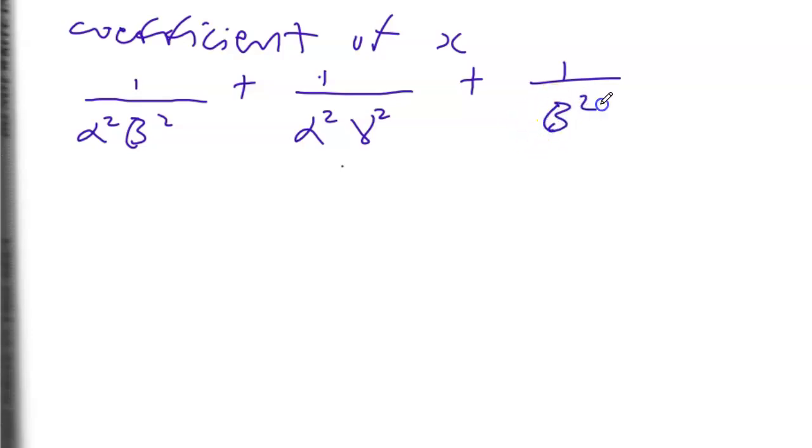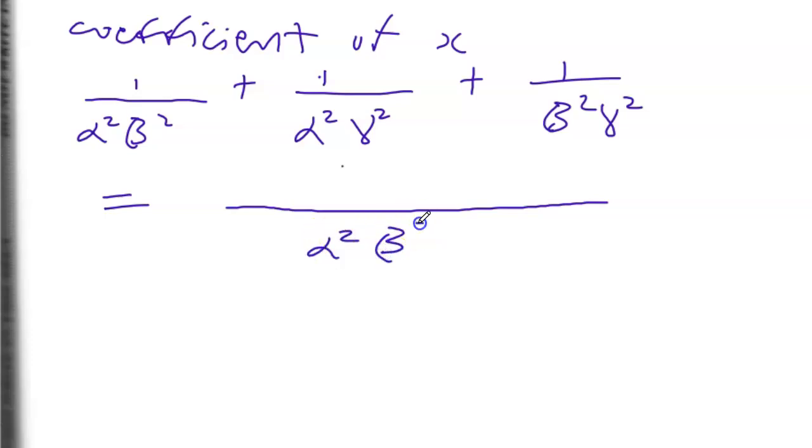Let's try and simplify this. If we simplify, the common denominator would be what? Alpha square, beta square, and gamma square, certainly. So to get this to be alpha square beta square gamma square, we multiply numerator and denominator by gamma square. To get the next one to have the same denominator, we multiply by beta square, numerator and denominator, an equivalent fraction.